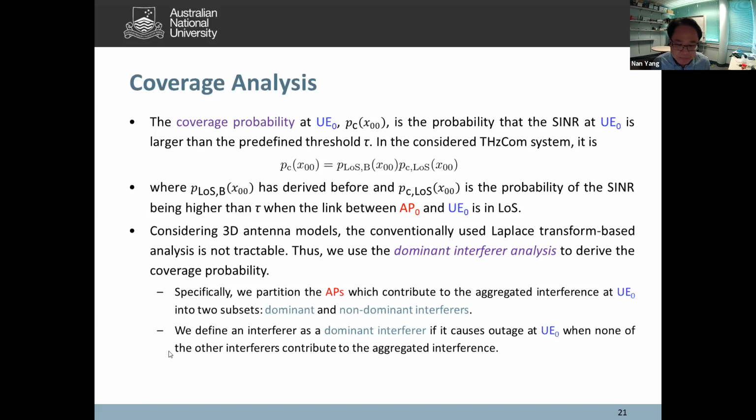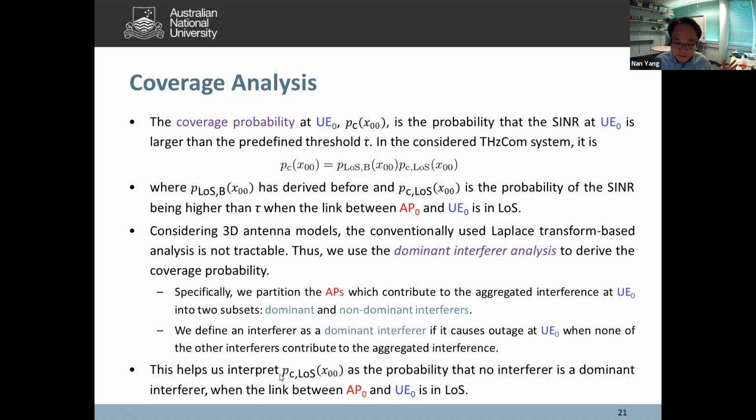Based on this, we transform the probability that SNR is higher than the threshold into the probability that no interference is dominant between the link of AP0 and UE0. So this is how we do a transformation to simplify our analysis.